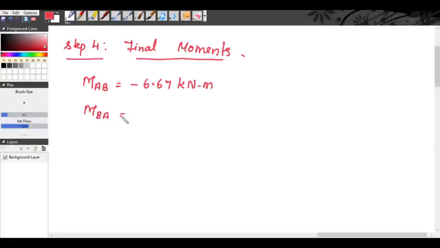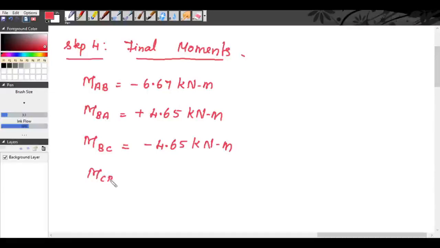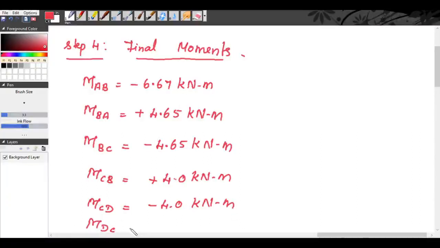MBA is equal to plus 4.65 kilonewton meter. MBC is equal to minus 4.65 kilonewton meter. MCB is equal to plus 4.0 kilonewton meter. MCD is equal to minus 4.0 kilonewton meter. And MDC is equal to plus 5.49 kilonewton meter. This is your answer.